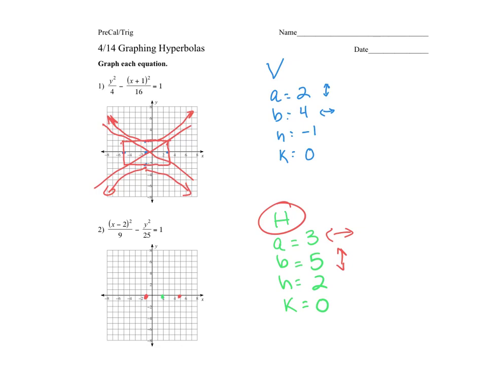And then we're going to go 5 up, and 5 down. We're going to draw our rectangle. And then we're going to draw our 2 lines. But since this one's horizontal, we're going to draw our hyperbola branches this way.